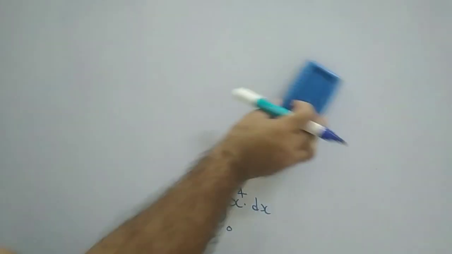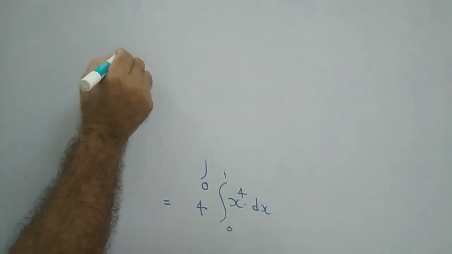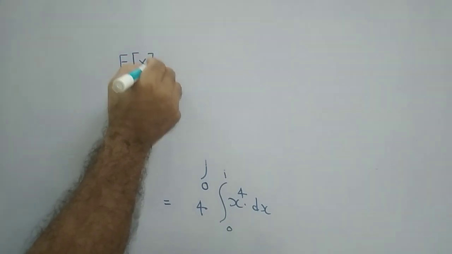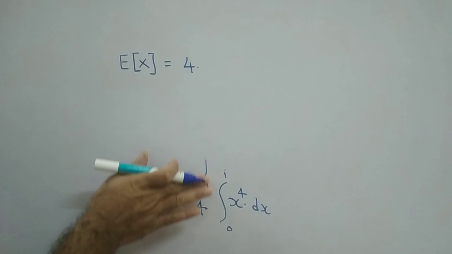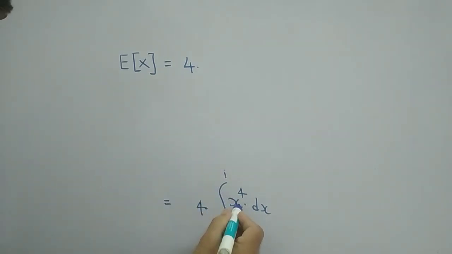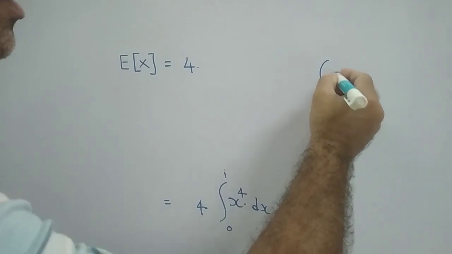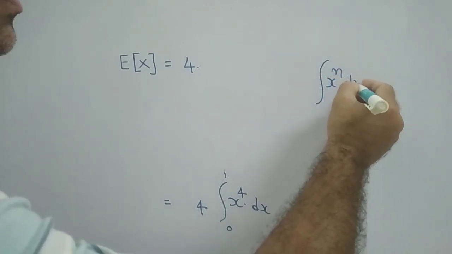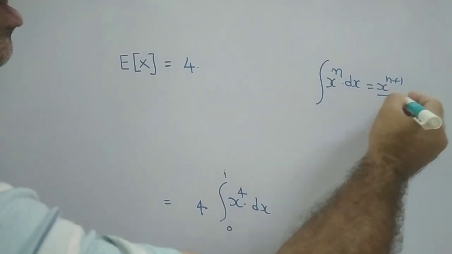We are calculating the expected value of x. So this is equal to 4 into the integral of x power 4. We know the formula: the integral of x power n into dx is x power n plus 1 by n plus 1.